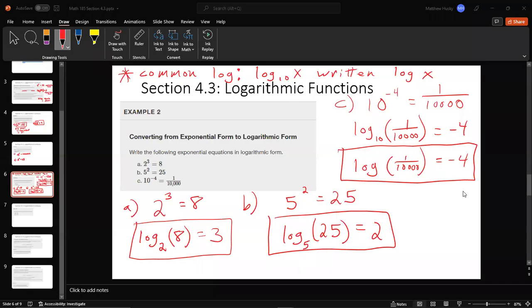But there is a way around that we'll get to later, and that's why the calculator manufacturers can get away with only giving you one option for a logarithm, technically two, but we haven't gotten there yet. I'll show you later how you can evaluate a log of any base that you want. But more on that later. So that is the common log, which is written as just plain old log.